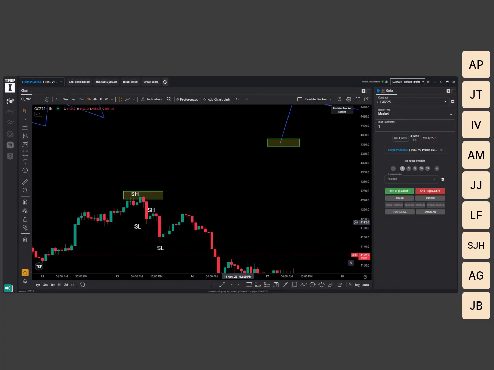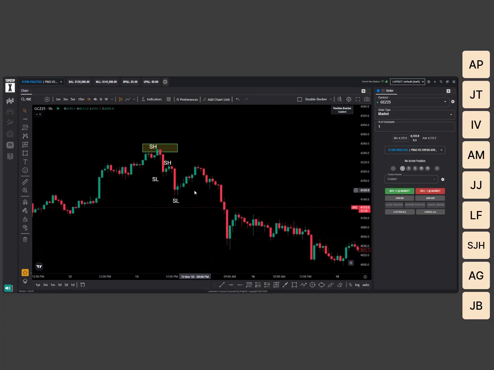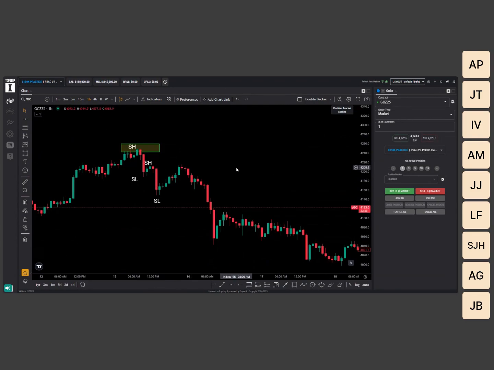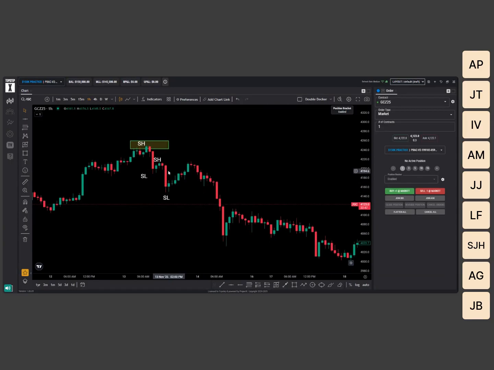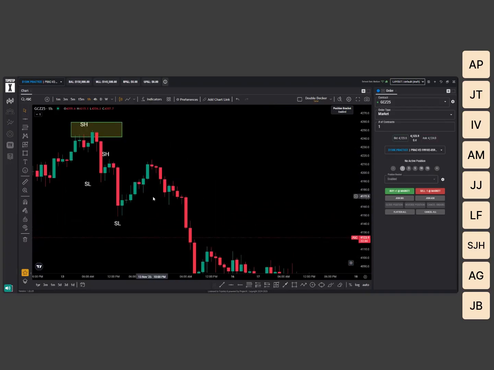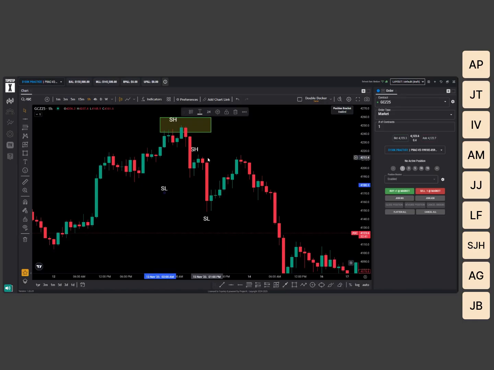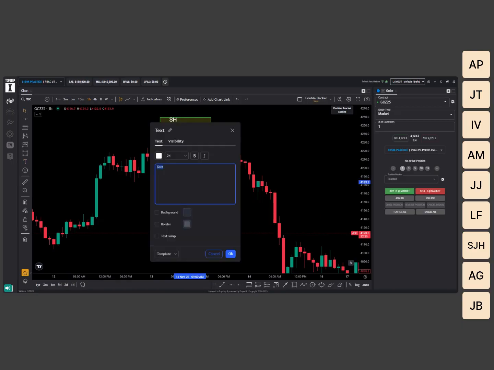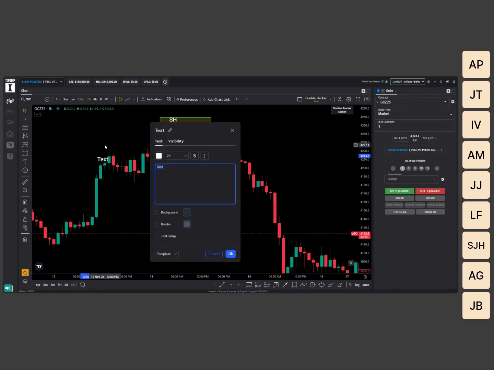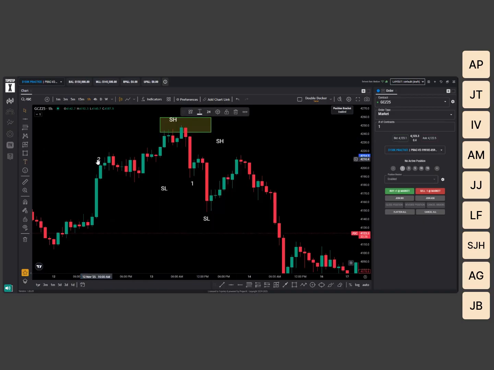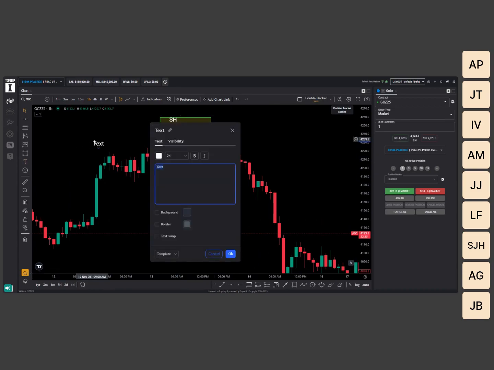Now, with swing highs and swing lows, you can have a swing point essentially in a 3 candle sequence, or a 5 candle sequence. With this swing low right here, this is a 3 candle sequence. So we have this, and you can clearly mark it up. This is our wick, our lowest point. We have 1, 2, 3.